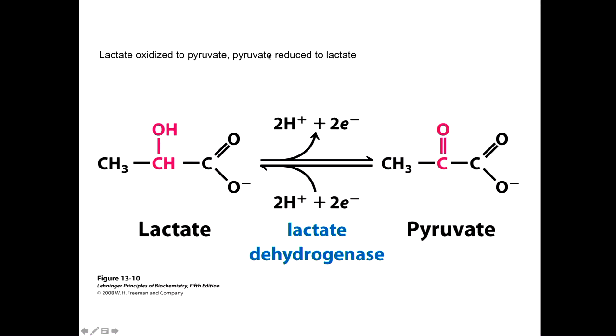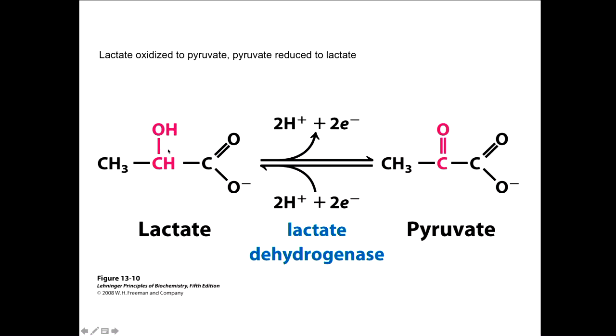Okay, so let's look at an example in a molecule that we'll see in some of these pathways. So we have a lactate molecule. Here it is, and in the middle of this molecule is the carbon-oxygen bond. And then we have pyruvate over here after this reaction.